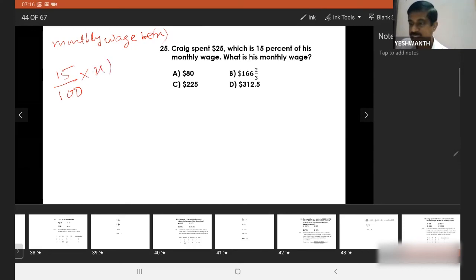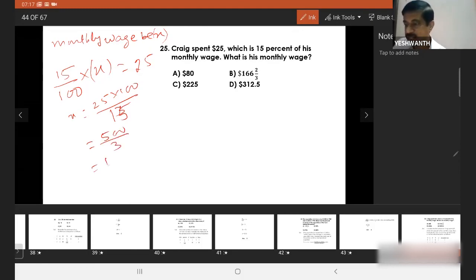His monthly wage is X, is $25. So X equal to 25 into 100 by 15, sorry, not 3. So this is 500 by 3. So 3 ones 3, 3 6 18, 3 6 18. So left out is 2 by 3. Okay. So that is his wage. So not percentage, but wage, total wage. So option is B.